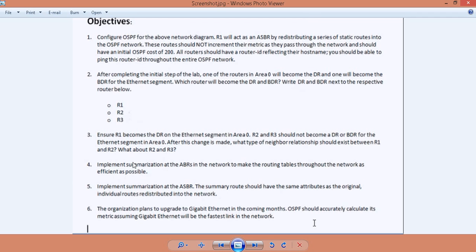Router 1 becomes the designated router on the Ethernet segment in area 0. Router 2 and router 3 should not become a designated router or backup designated router for the Ethernet segment in area 0. After this change is made, what type of neighbor relationship should exist between router 1 and 2? What about 2 and 3? Good.